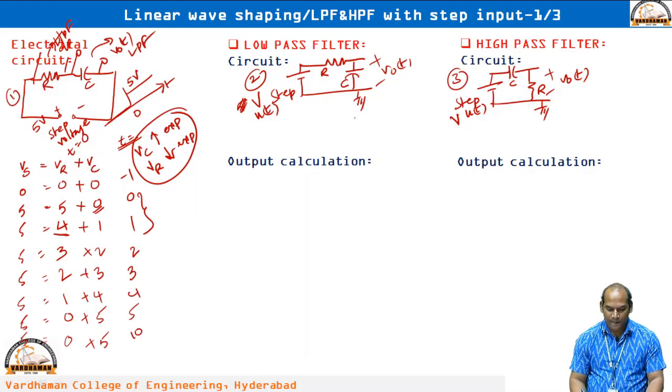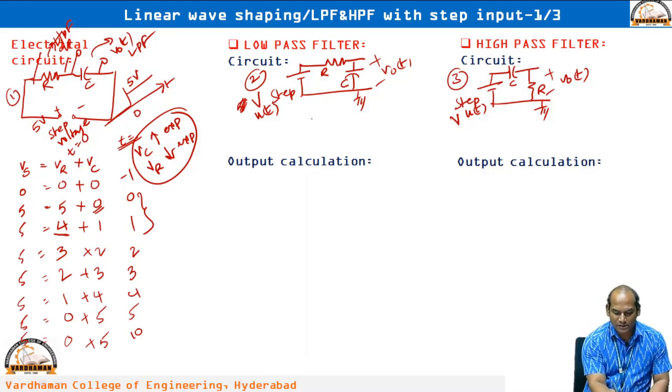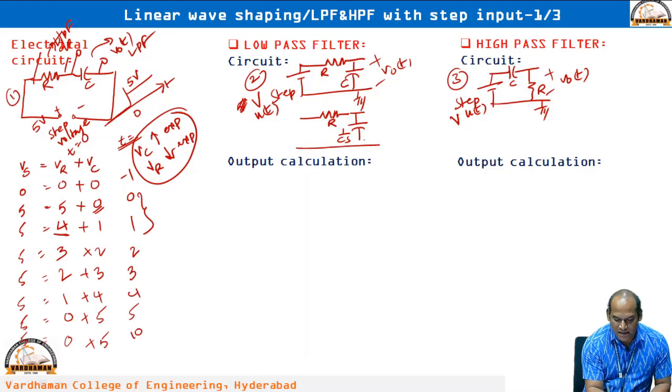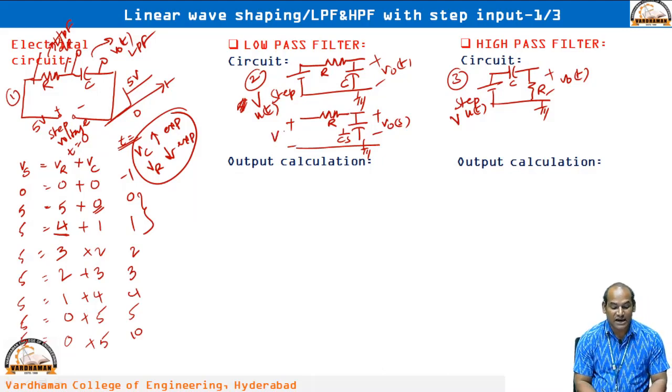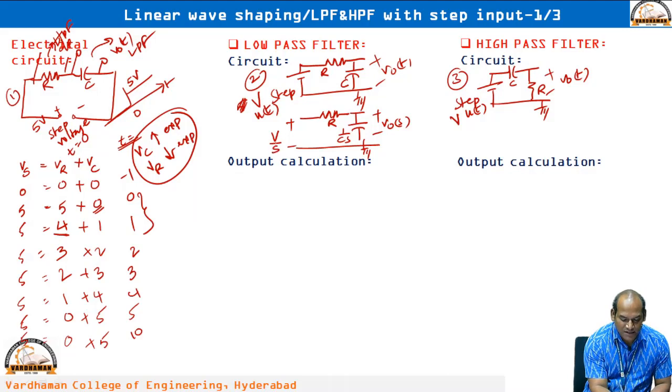Next, to analyze the output, we are converting this particular circuit into S domain. Already we are familiar with that one, resistor will be R only, but capacitor impedance is given by 1 by Cs in the S domain, and here v0(t) will become V0(s), and this V is constant and u(t) Laplace transform is 1 by s.